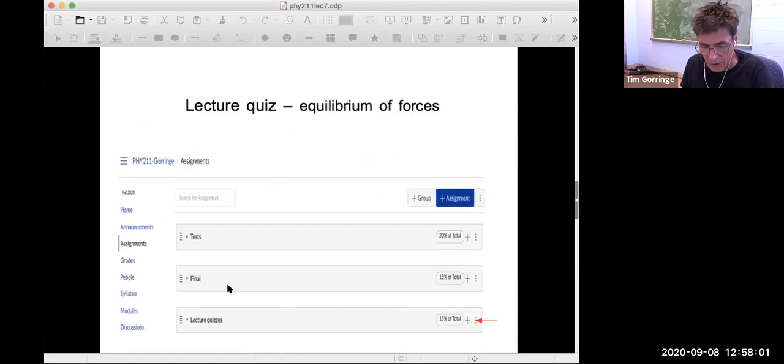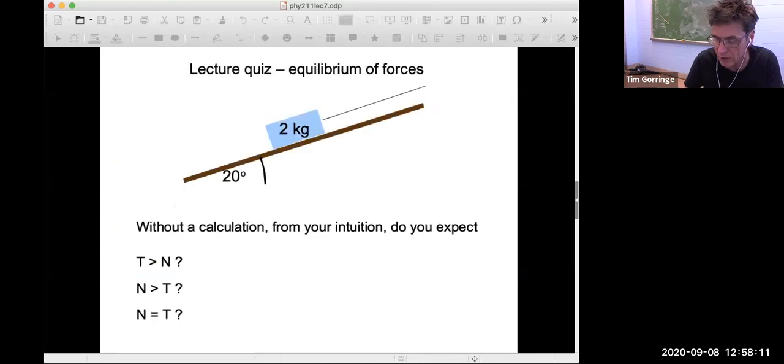Okay, so now I've got a little lecture quiz. Let me post that for you. And it's about this problem. Let me at least show it to you first. It's really about using your intuition to compare the sizes of these forces, the normal force and the tension force.